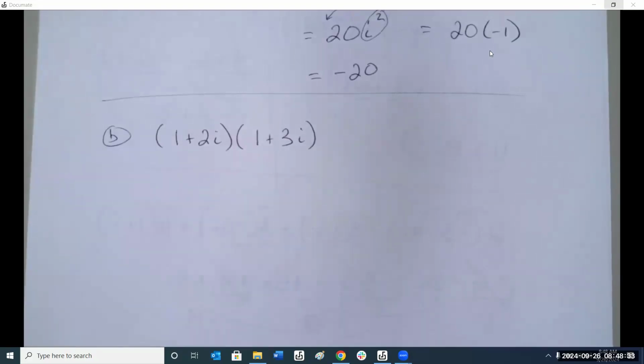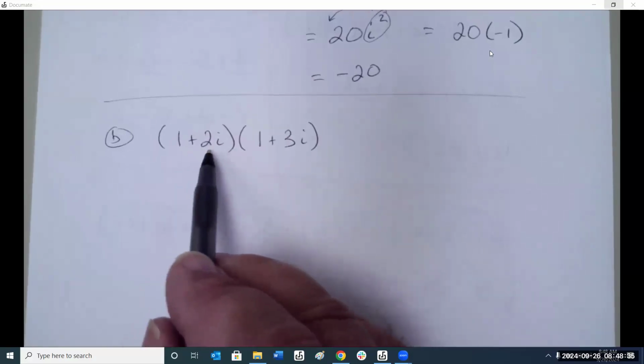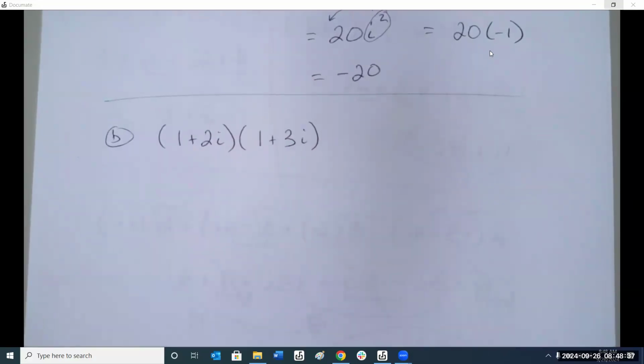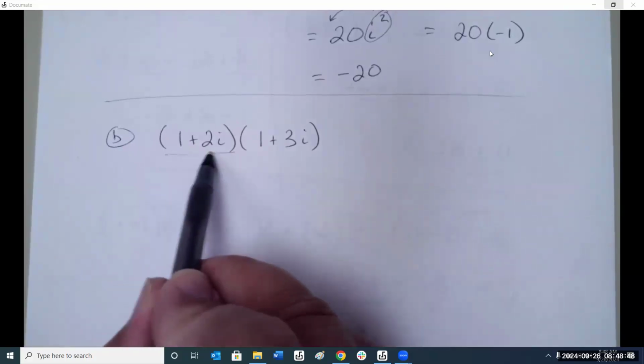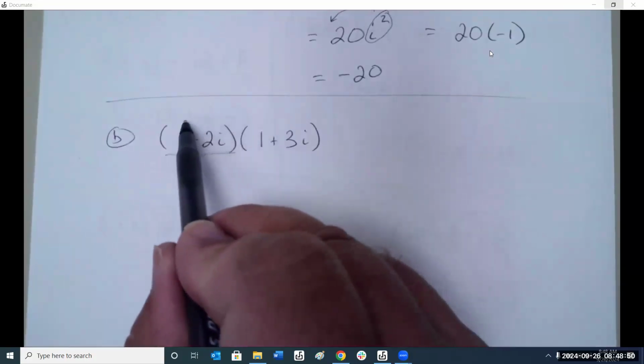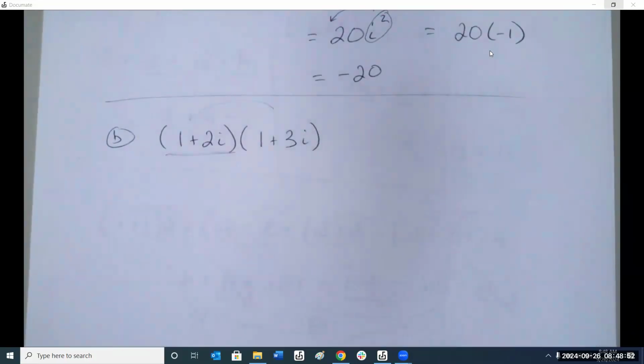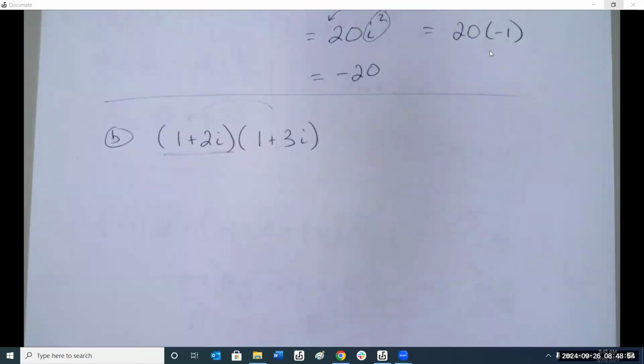That only works on these type of equations. If you have a binomial times a binomial, anything bigger or smaller, FOILing doesn't work. So that's why I don't like teaching FOILing. I like teaching what it really is, distributivity. Anything in this parenthesis multiplies to everything in that one. So it's really distributivity.